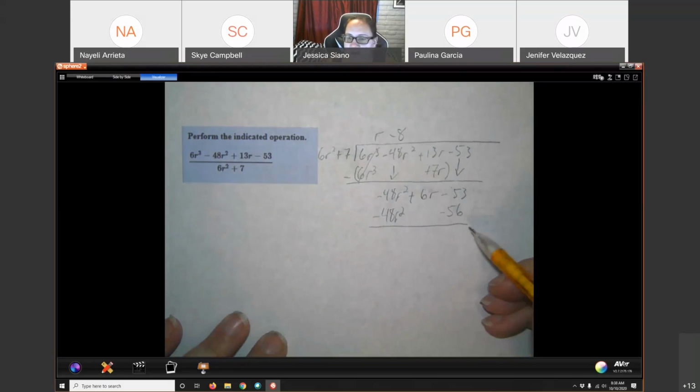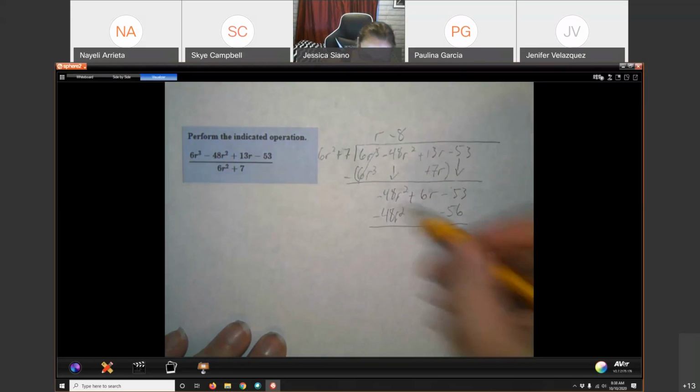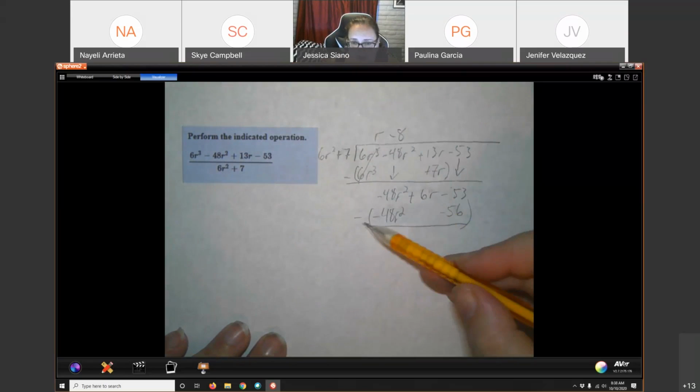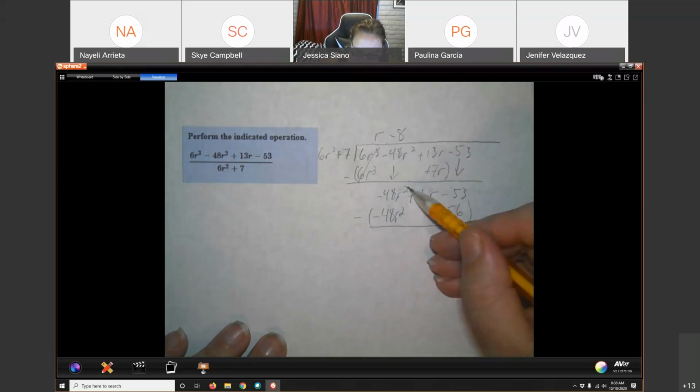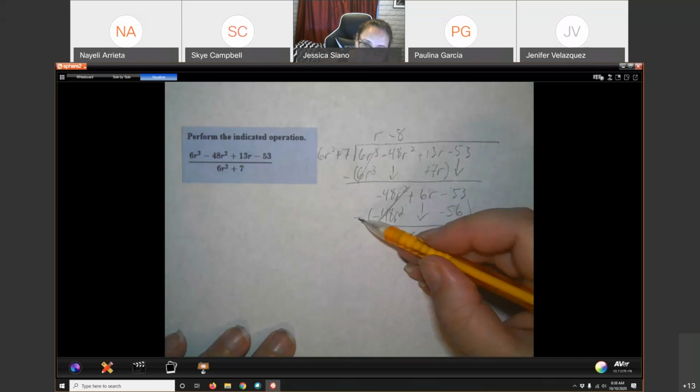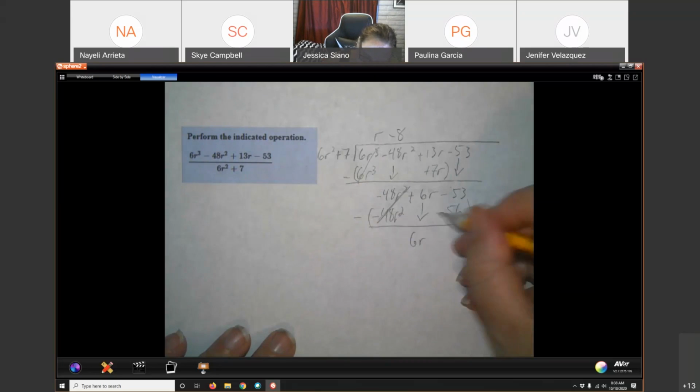I like to make sure that my like terms line up when I do this, because that's going to make my subtraction way easier. Negative 48r squared minus a negative 48r squared will become negative 48r squared plus 48r squared, which will cancel. We'll bring down the 6r. And then a negative 53 minus a negative 56 will become negative 53 plus 56. So that's plus 3.